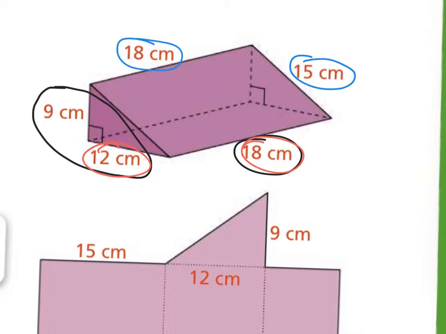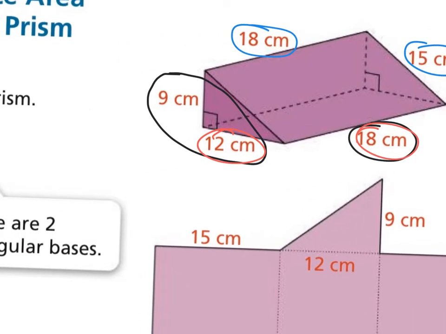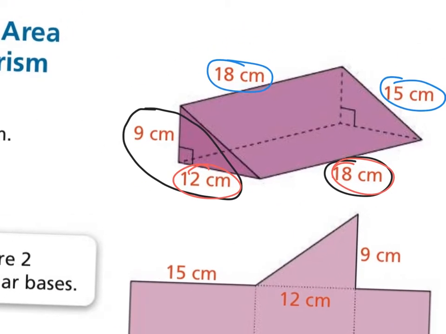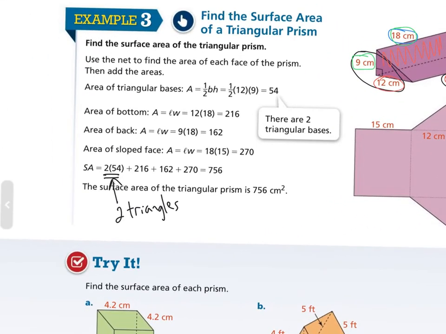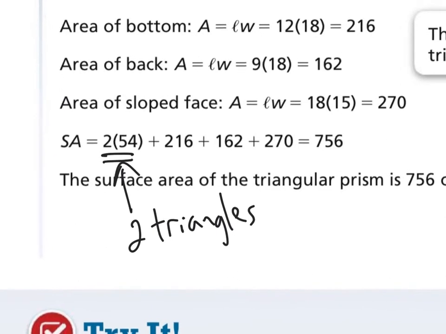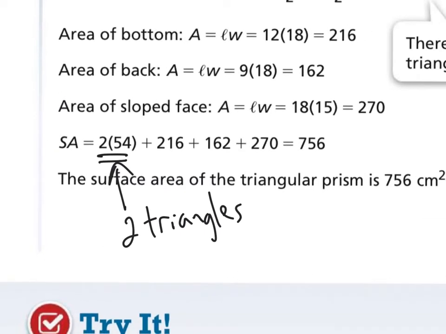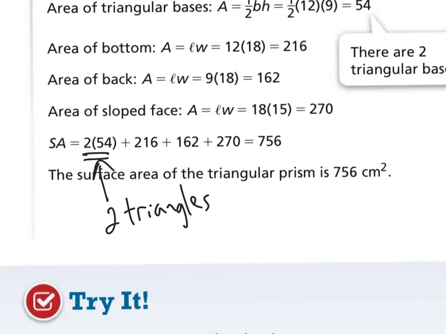And then we've got the rectangle on the back side, over here. The dimensions of that would be 9 and 18. So 9 times 18 to find that area. And again, once we get those areas, we're just going to add those all together. And that's how they got the 756 square centimeters.